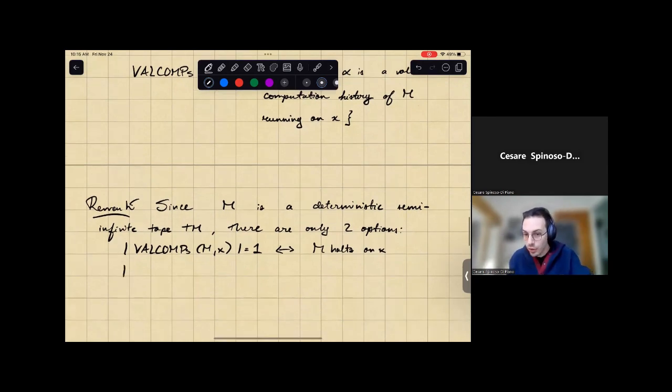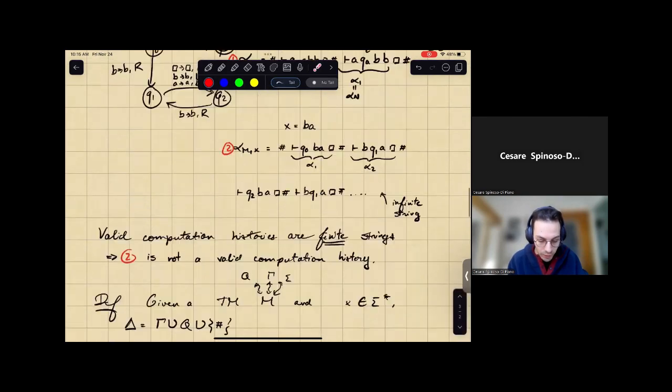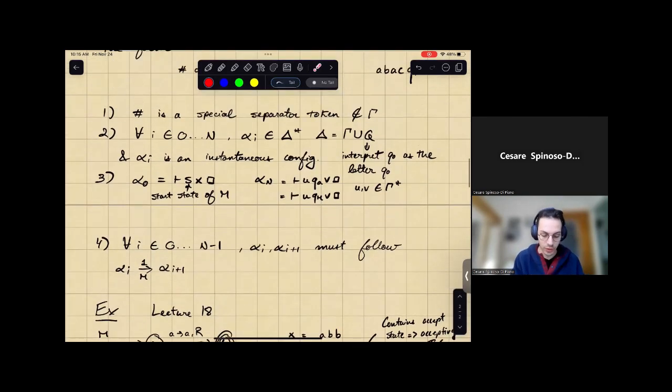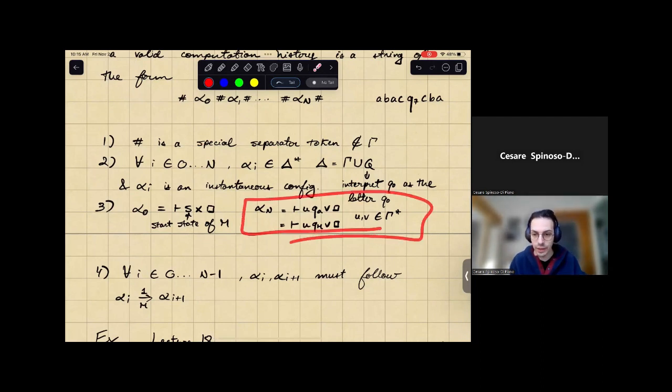And so the only other possibility is when M loops on X. Well, when M loops on X, you can never write down that finite string, right? There's never that alpha n, there's never that halting instantaneous configuration. And so valcomps MX, by definition, because the definition is that this string is a valid computation history, but to be a valid computation history, you have to respect all these four conditions. And so if you have an infinite string, sure, maybe three of these conditions are being respected, but you never get to a halting instantaneous configuration.